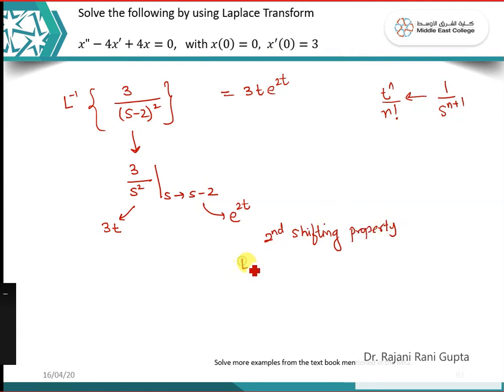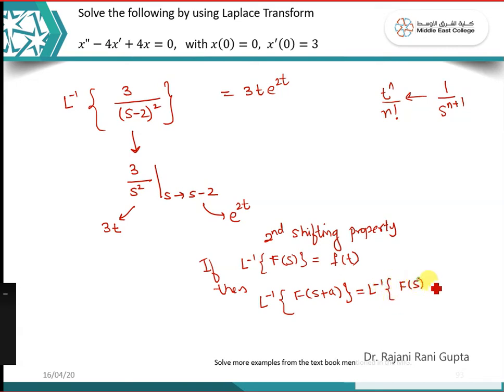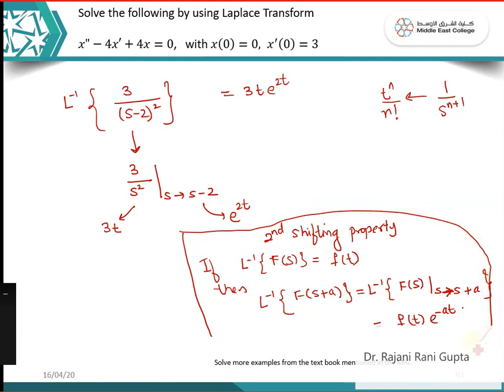That property says that if Laplace inverse of F of s is denoted by f of t, then the Laplace inverse of F of s plus a, which we can also write as Laplace inverse of F of s with s going to s plus a, is f of t times e to the power minus at. So we have to work on this principle to get the solution.